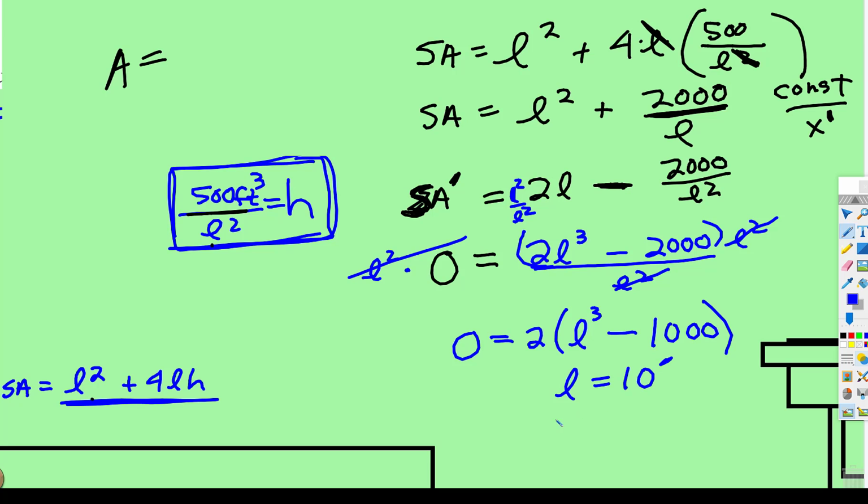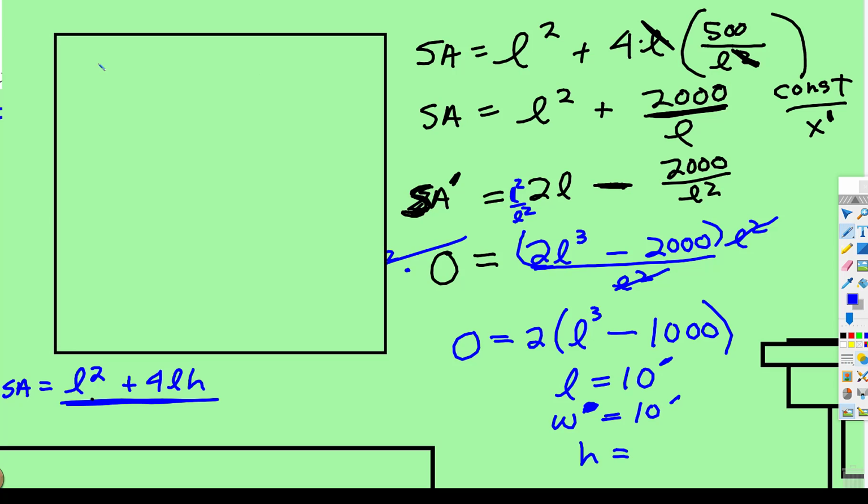So when you take the cube root of 1,000, you get 10, and we are talking about feet. So L is 10 feet, we know that the width and the length equal each other. We just have to find the height. Well, we know the height is this. So now we can substitute 10 squared.